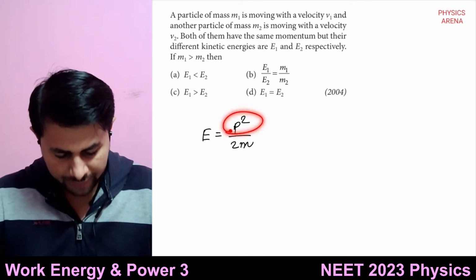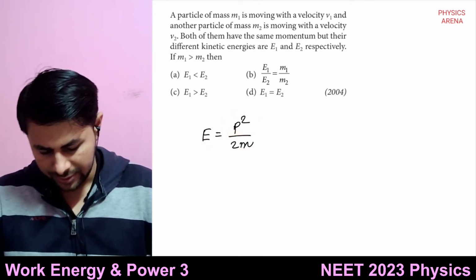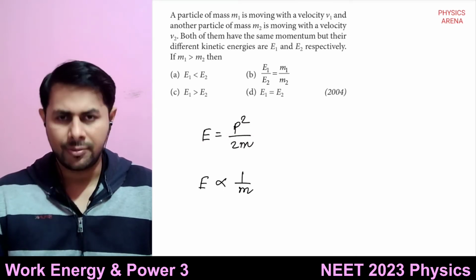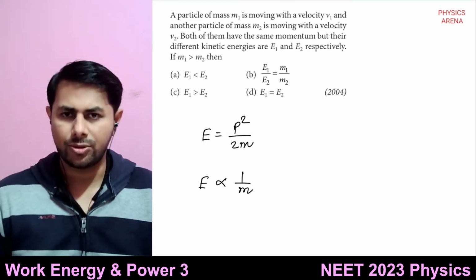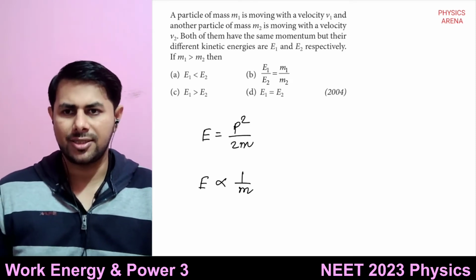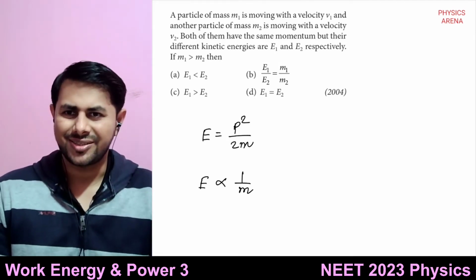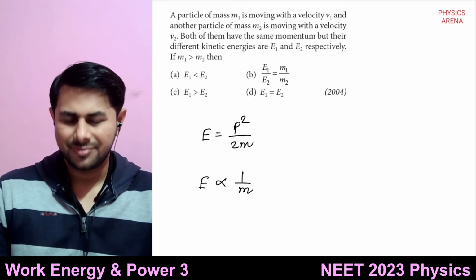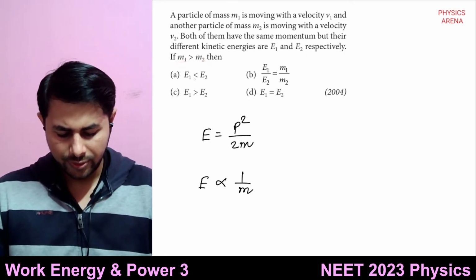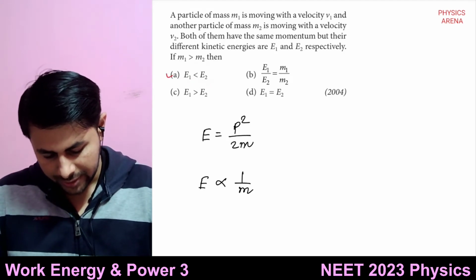Momentum is same, so energy is inversely proportional to mass. Kinetic energy is inversely proportional to mass. So if mass is more, energy will be less. If mass is less, energy will be more. So what's the answer? M1 is greater than M2, so E1 would be less than E2. Right? This is the answer.